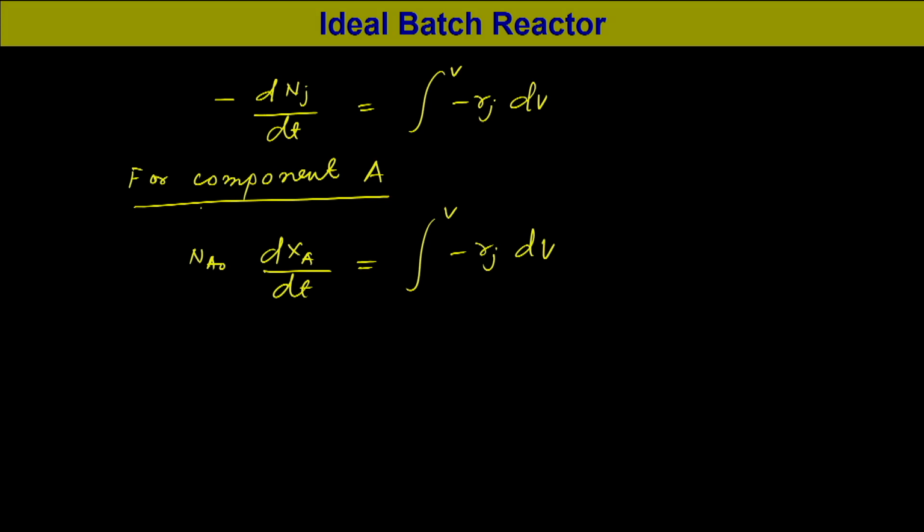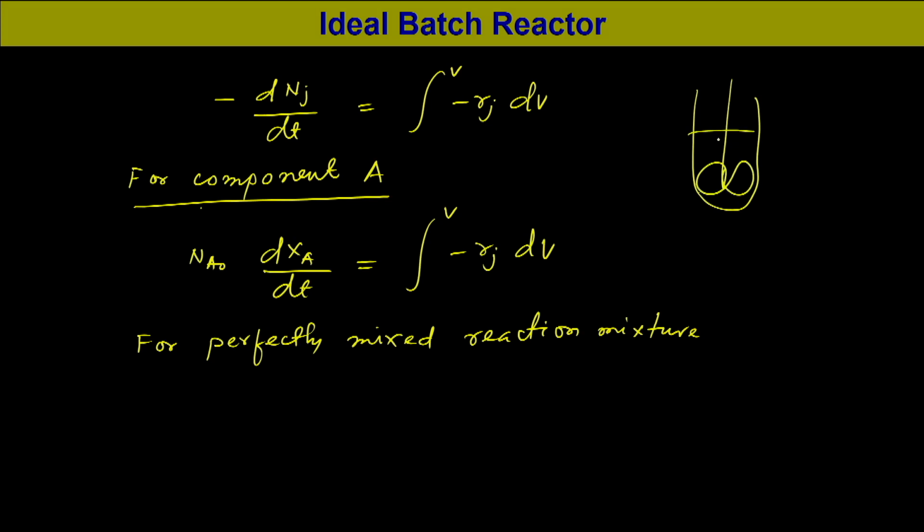Now, for a perfectly mixed reaction mixture, which means it is homogeneously mixed, there is no variation of rj with position, no variation of minus rj with position.